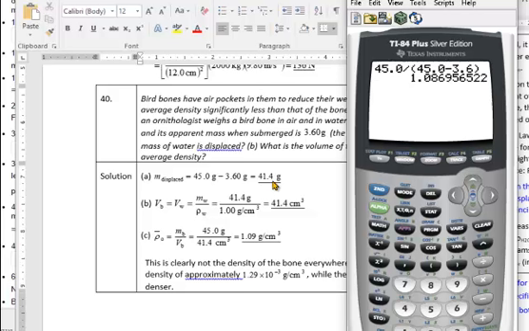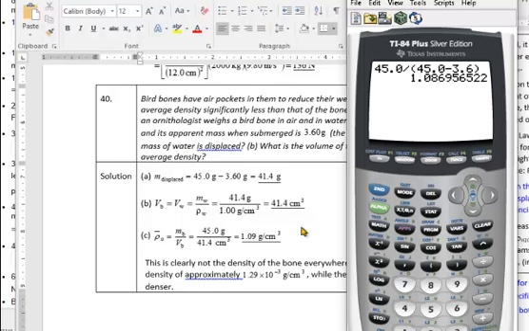The mass of the water being displaced is the same number as the volume of water, and therefore also the volume of the bone, 41.4 cubic centimeters, because the density of water is exactly 1.00.